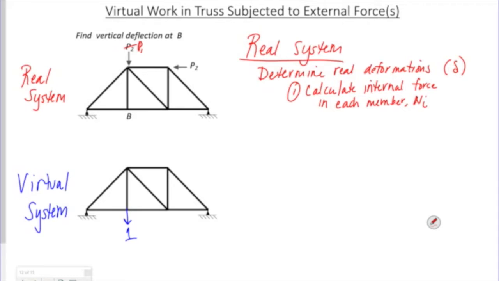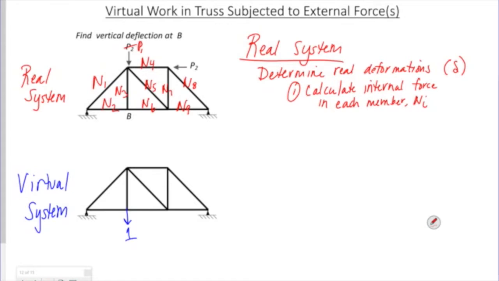If this is member 1, N1, N2, N3, N4, N5, N6, N7, N8, N9. So I'm going to solve this whole thing once, get all the member forces once due to my real forces.